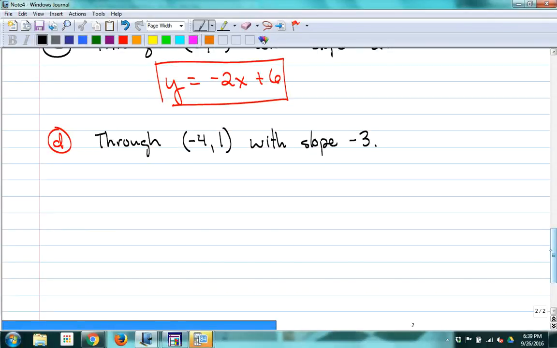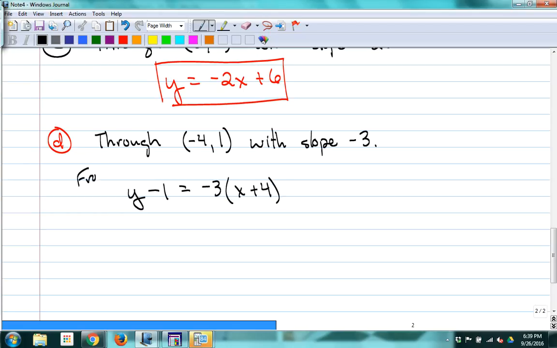If you can start with point-slope form, slope-intercept form is super easy from there. So we already have the equation for this problem in point-slope form. From example A, it was y minus 1 equals -3 times parentheses x plus 4.